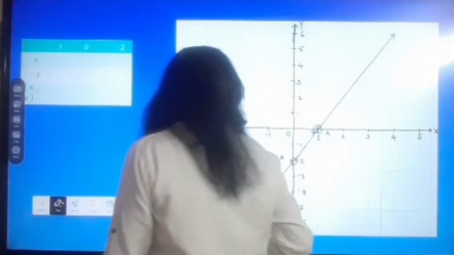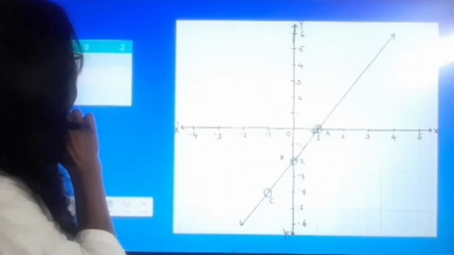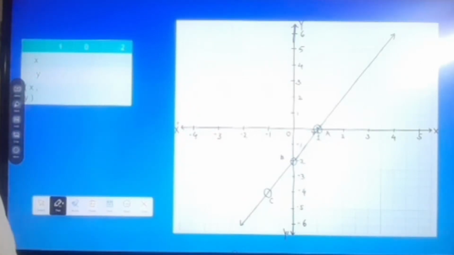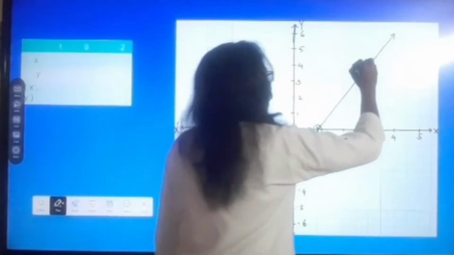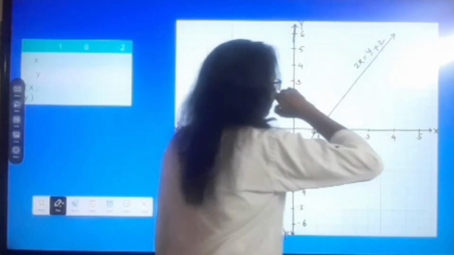And at the end of the line, I write down the equation. The first equation is 2x is equal to y plus 2. Okay, this way.